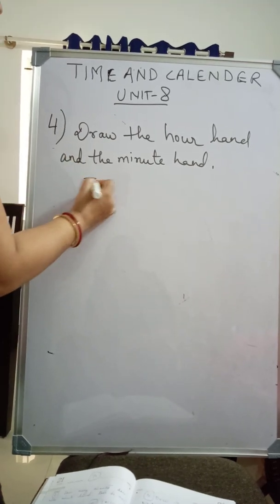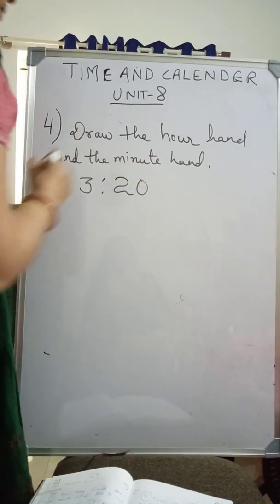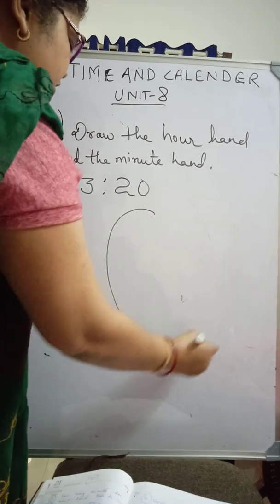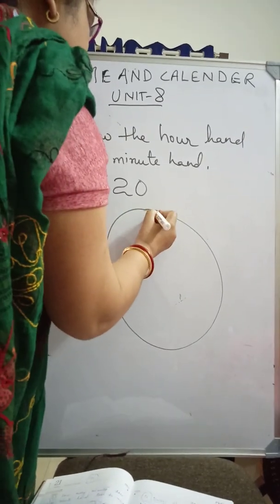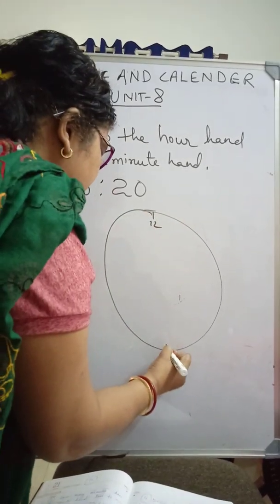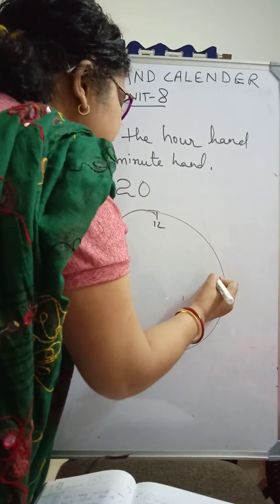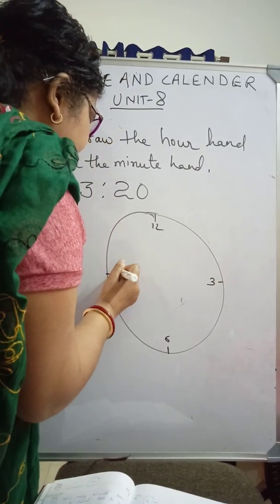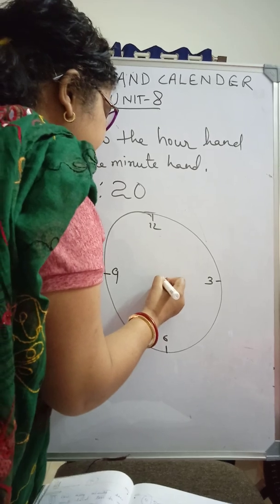The time is 3:20, right? You are given a picture of a clock, and then you have to draw the hour hand and the minute hand. You have to show the time.